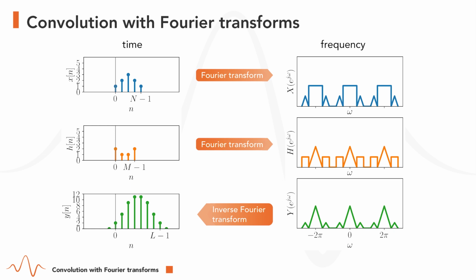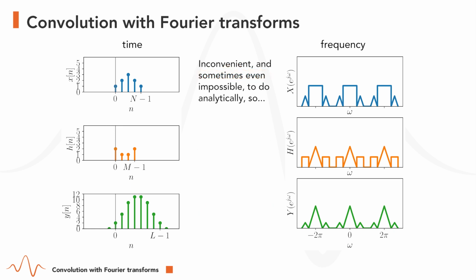After computing these discrete time Fourier transforms of x and h, depicted in blue and orange, we multiply the two, leading to the green discrete time Fourier transform at the bottom right. Then we compute the inverse Fourier transform and obtain the result of the convolution in discrete time denoted by y of n.